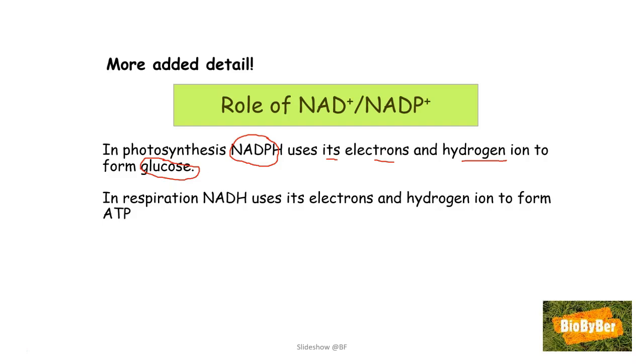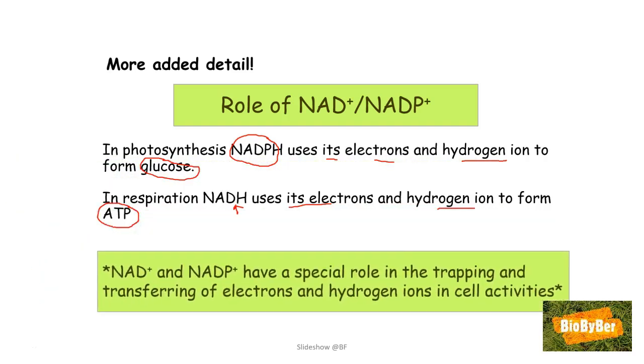In respiration, NADH, no P, notice, will use its 2 electrons and the proton to form what we call ATP, which we will just accept at face value at the moment. So in a nutshell, as we've already said, NAD plus and NADP plus have a special role in the trapping and transferring of electrons and hydrogen ions in cell activities.